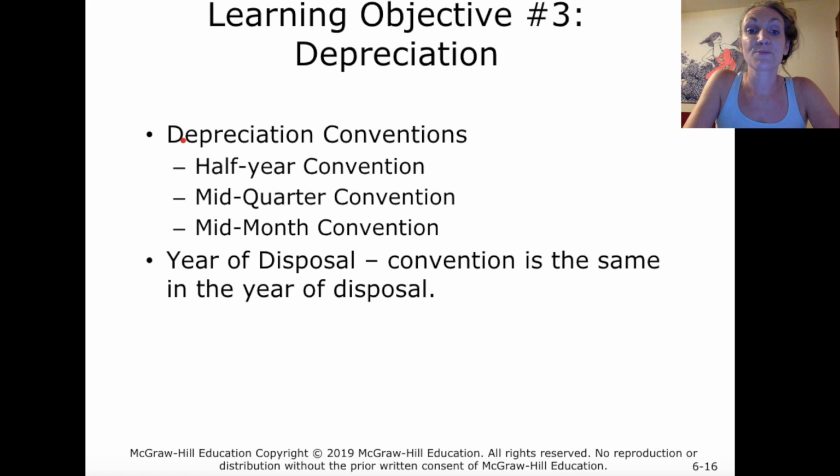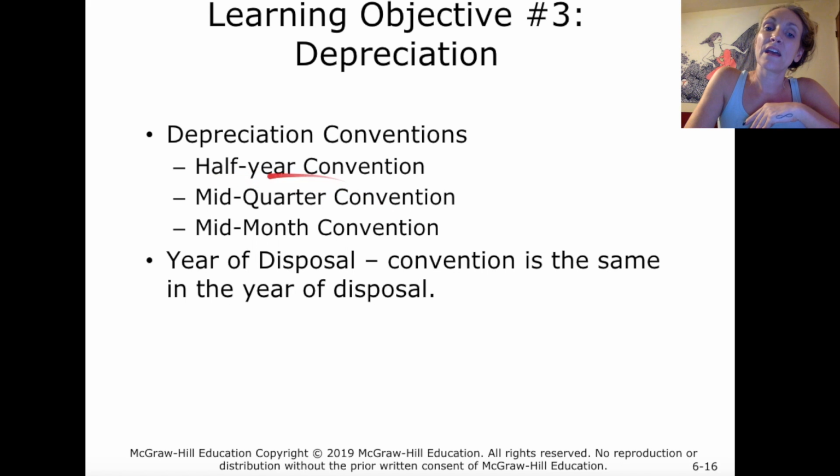Now, our depreciation conventions. Half-year convention, which is the standard for all property, all types of assets other than real estate. If you put more than 40% of your assets into the business in the last quarter, then you switch to mid-quarter convention.